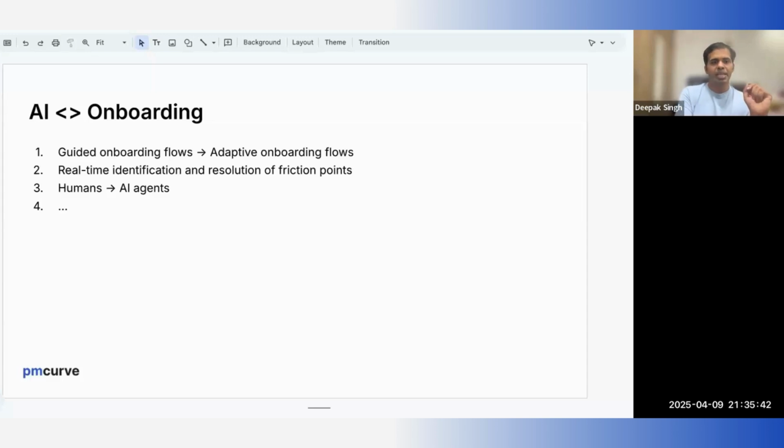Now with AI coming in, what is happening already is that guided onboarding flows become very, very adaptive. Depending on the user, they can adapt themselves. Just like a dynamic landing page changes its messaging according to the user, these can adapt onboarding flows according to the user.